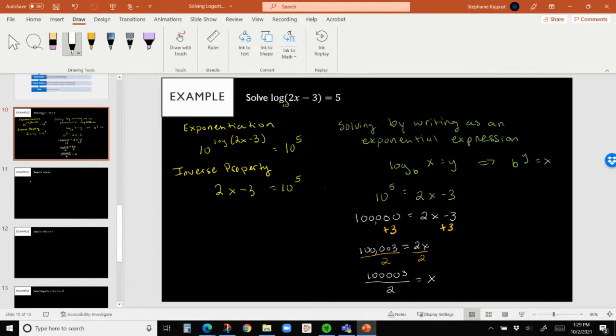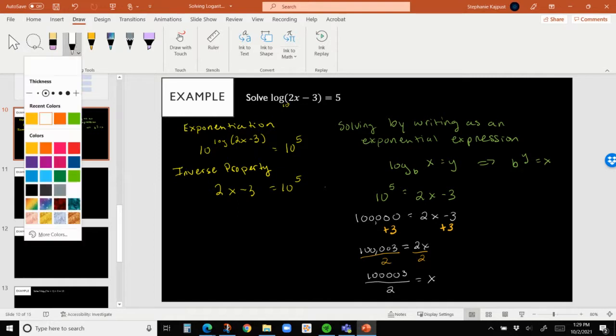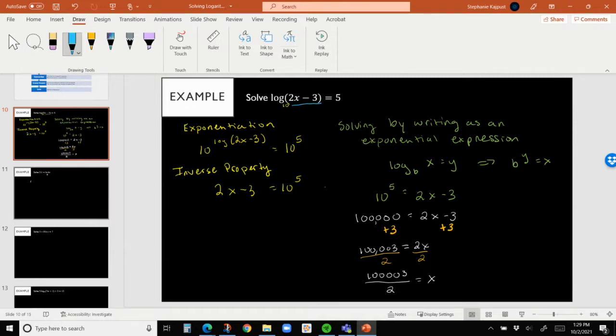So we do need to check our domain. We haven't done that yet. We need to double check that it's within our domain. So we've got inside here 2x minus 3. 2x minus 3 needs to be greater than 0. So I can add a 3 to both sides. This gives me 2x is greater than 3.